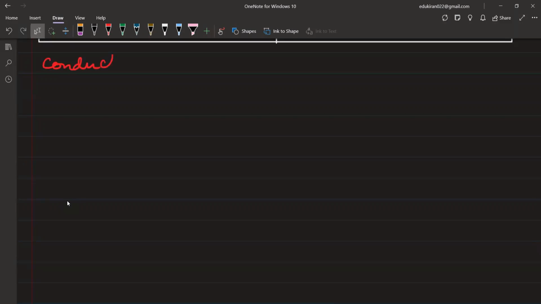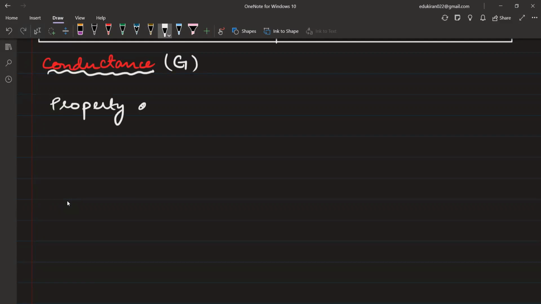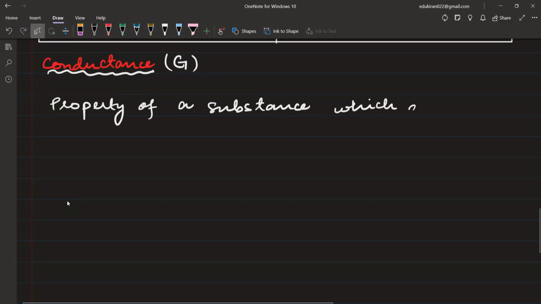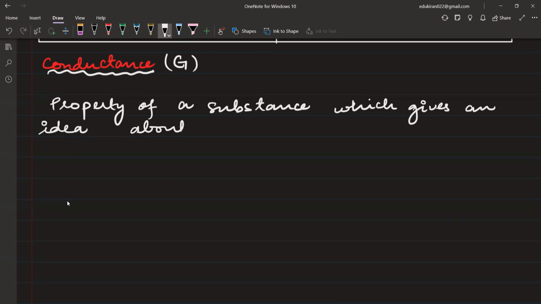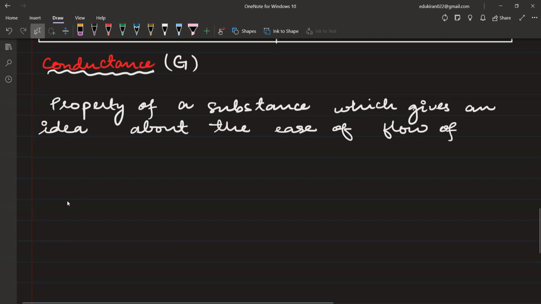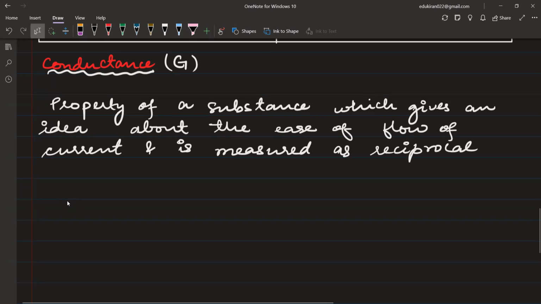Conductance is represented by the uppercase G, which is the property of a substance which gives an idea about the ease of flow of current and is measured as the reciprocal of resistance.